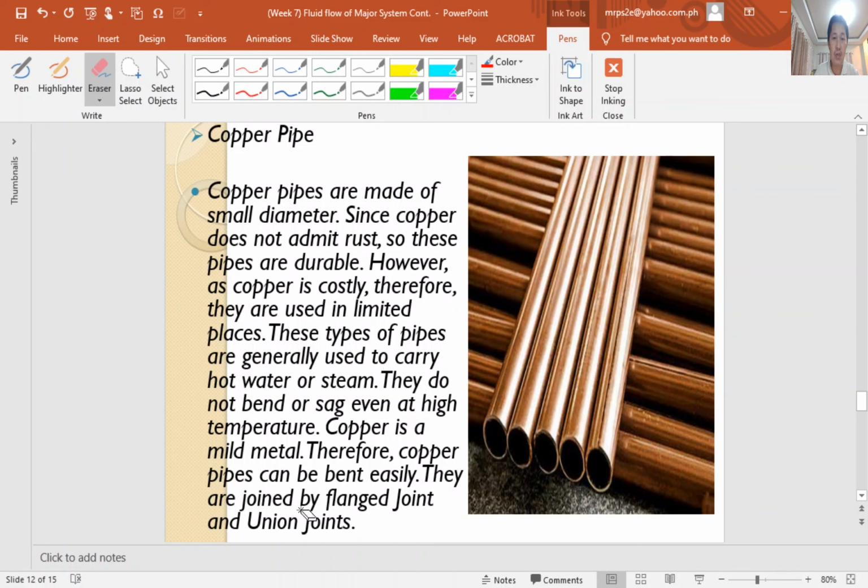They are joined by flange joint and union joints. Because this pipe is soft, it is used, for example, in capillary tubes, capillary piping, and the tracing line of the steam.